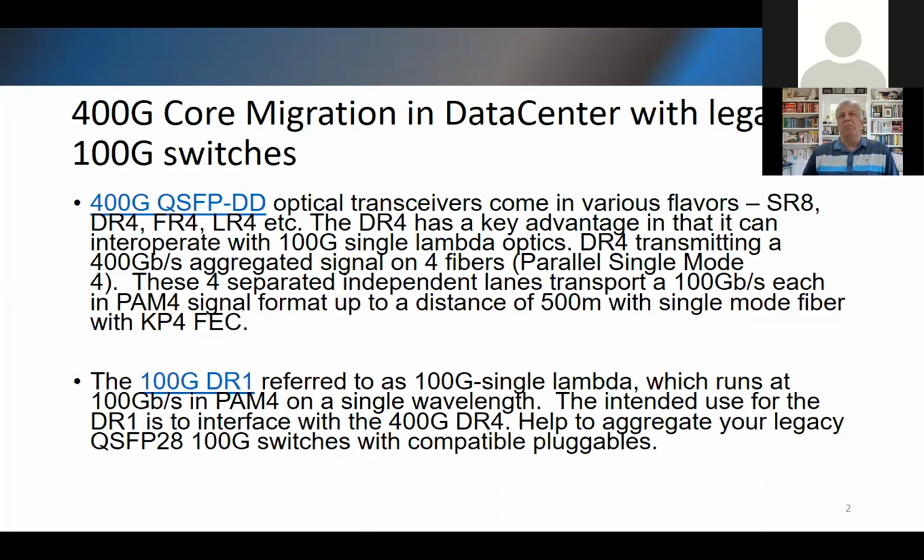We're going to use a QSFP double density, which comes in different flavors. We're going to concentrate on one flavor, the DR4, which has a key advantage: it can interoperate with single lambda optics of the 100G variety. The 100G DR1 is what will be compatible with the DR4 400G migration.